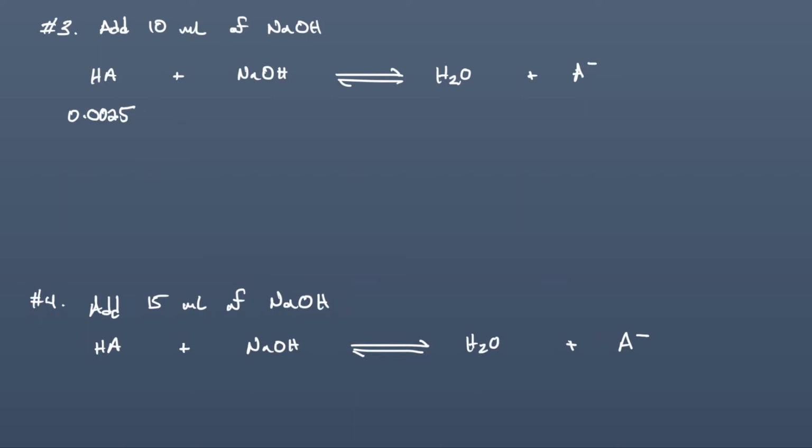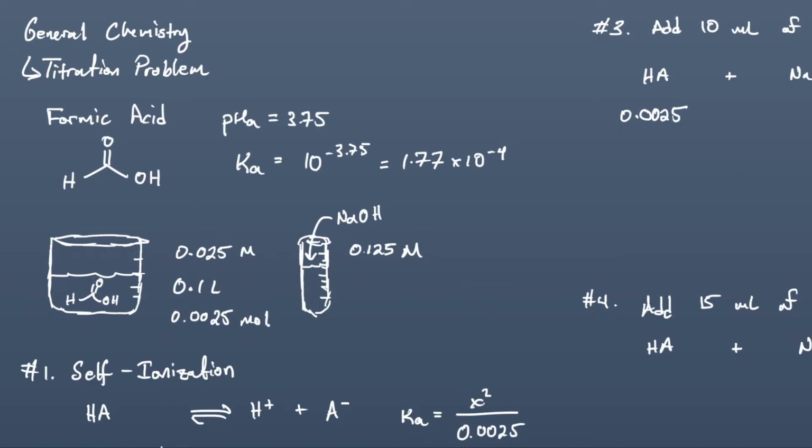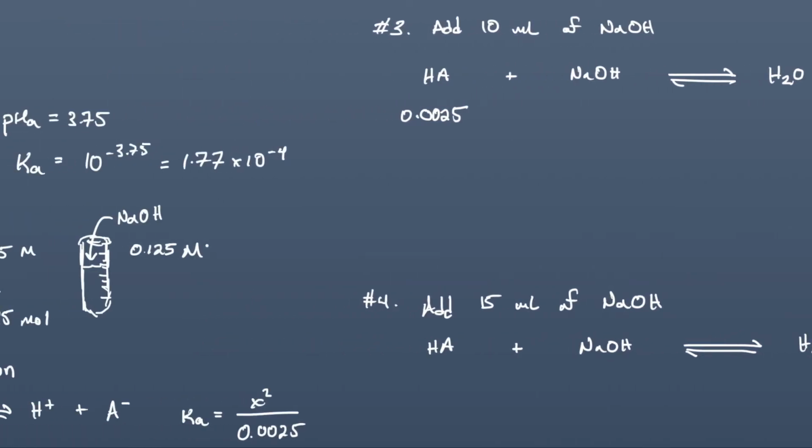This is the number of moles that we started with, which is this guy right here. And we are now adding 10 milliliters of NaOH, and we know what our concentration is, and so that becomes 0.00125 moles. I'm doing everything in moles here.